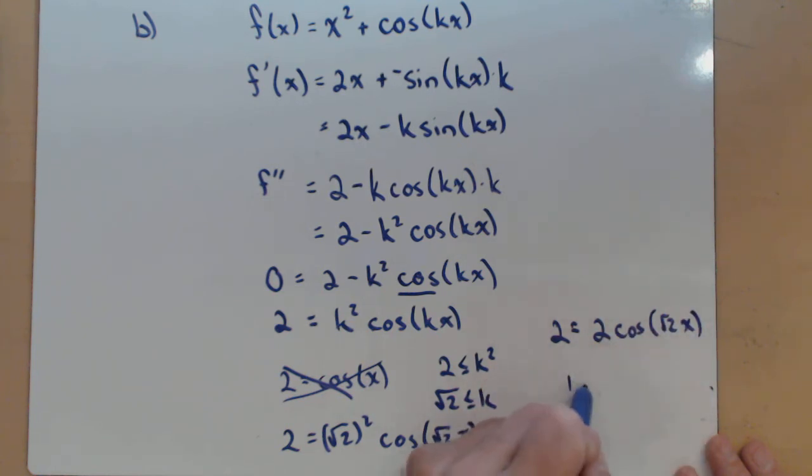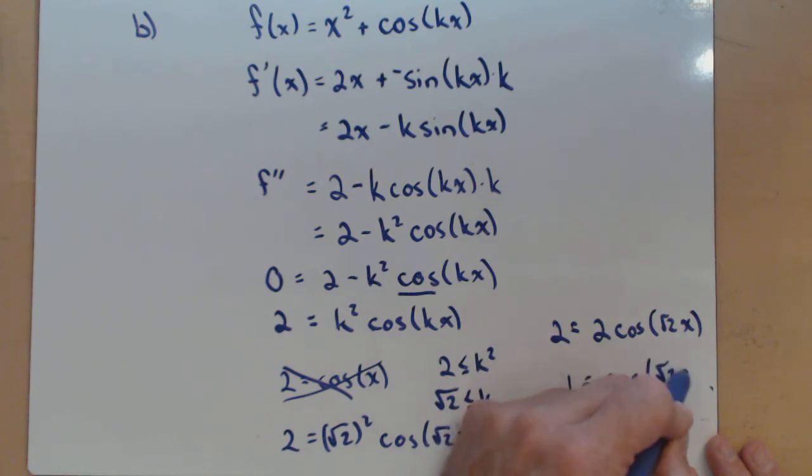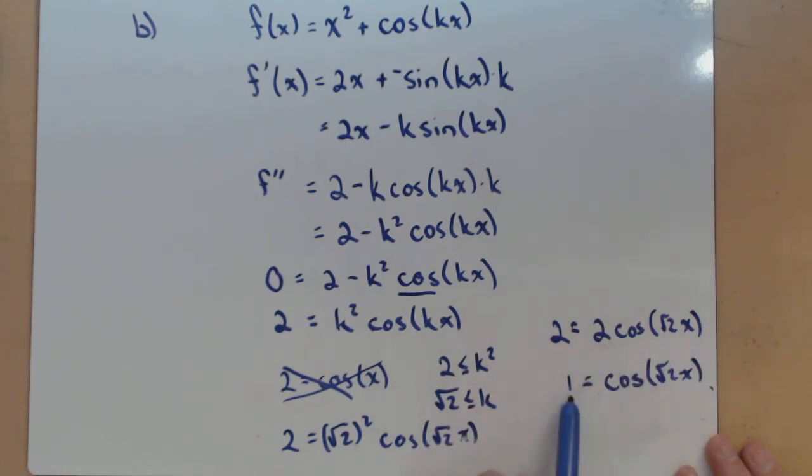Divide both sides by 2, we get 1 equals cosine of square root of 2 x. Well, cosine is going to be 1 at infinitely many places, so that's why we're getting infinitely many inflection points once k is root 2 or larger.